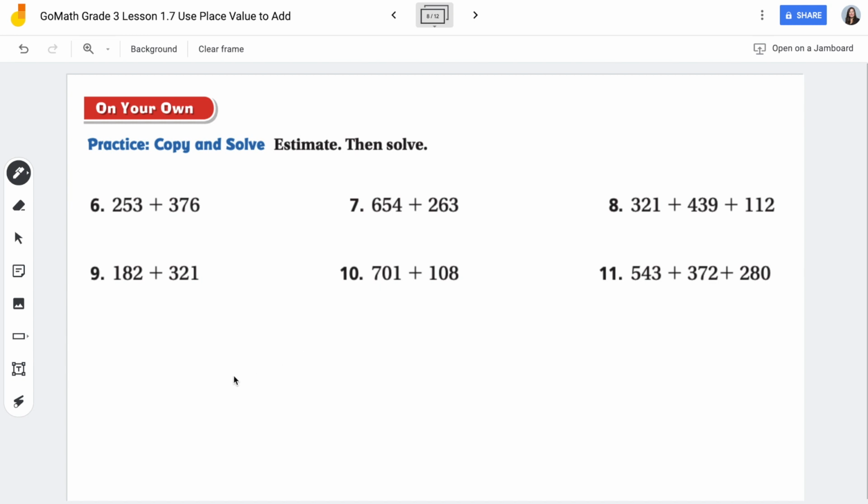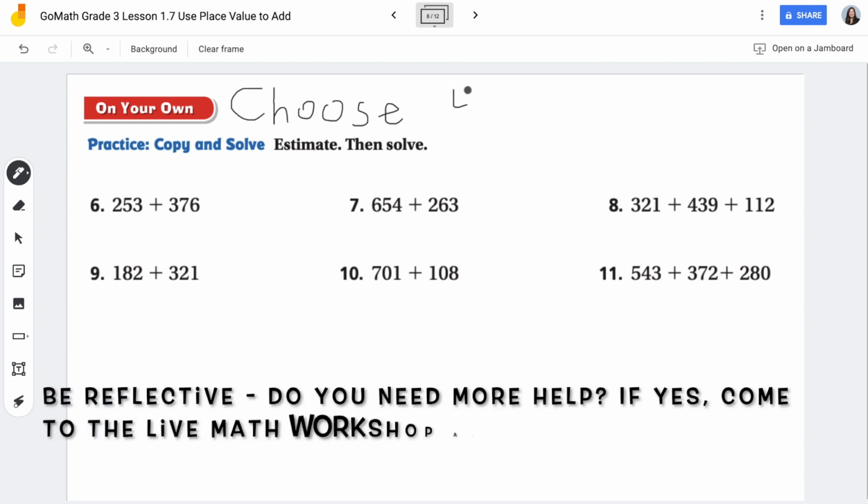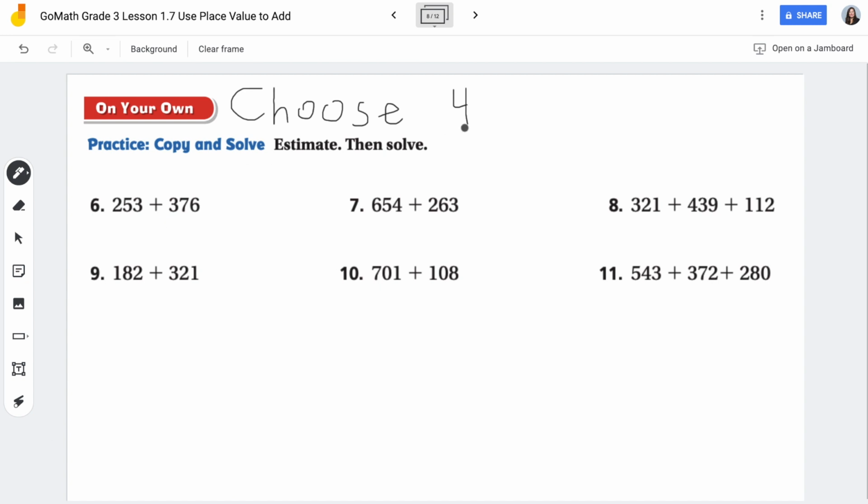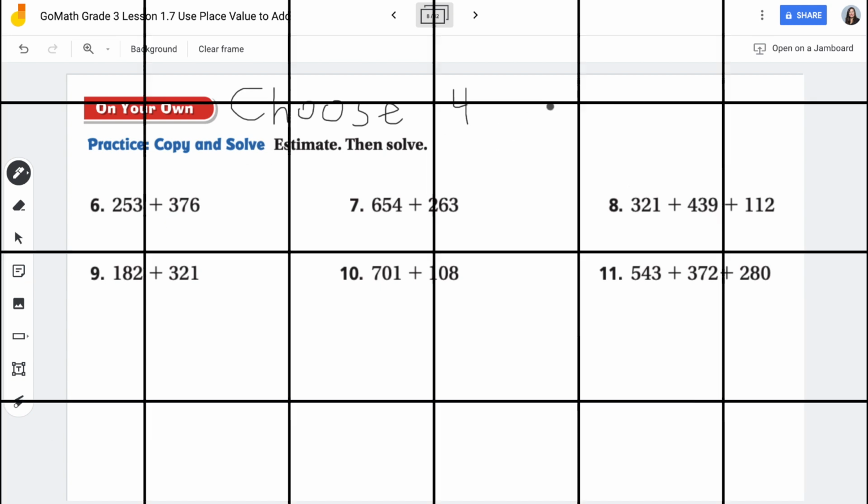We're going to work on 6 through 11 on your own, and actually I'd like you to choose 4 to do, and whichever 4 you want to do, but I'm going to have you choose 4, give yourself some practice, and I want you to think how you feel about this. If you think this is really tricky and hard and you want some more help with this, plan to come to the live instruction and stay for the small group. Okay, so choose 4 and pause here.